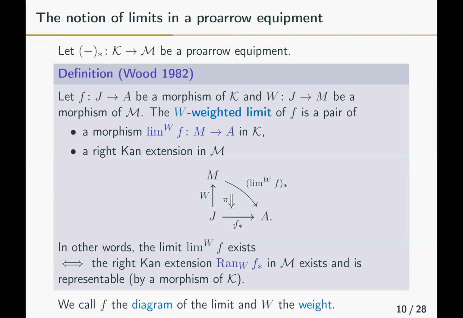We call F the diagram and W the weight. The key point is that the limit exists if and only if the right Kan extension of F lower asterisk along W exists in M, and it is representable by a morphism of K.